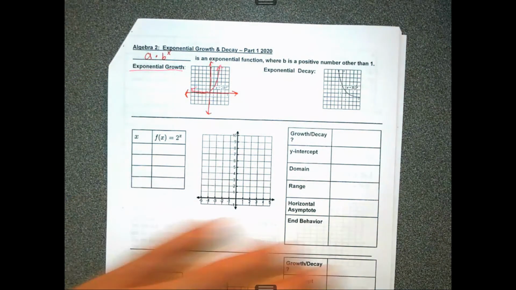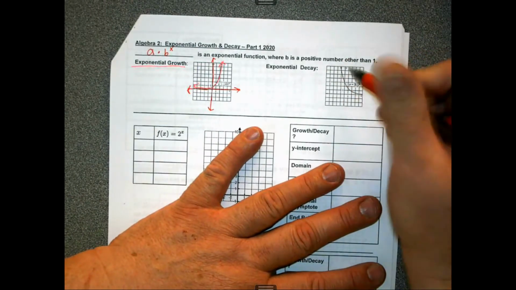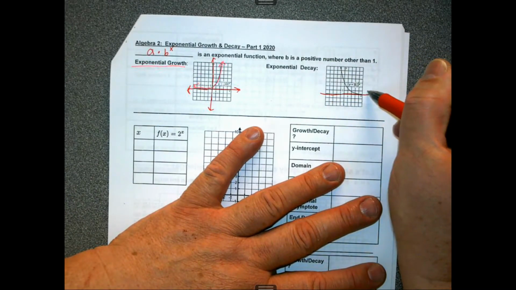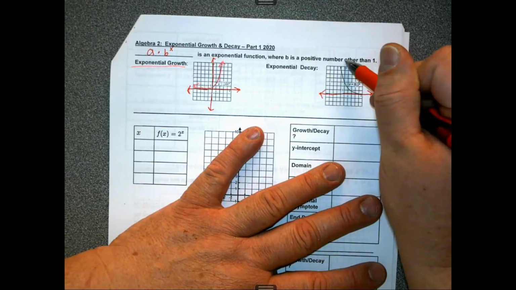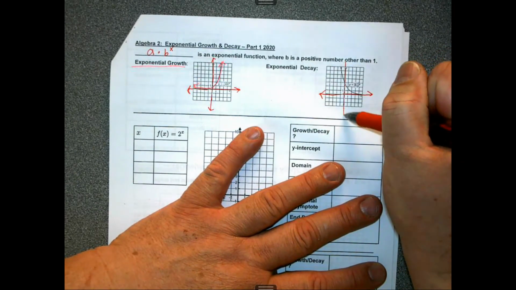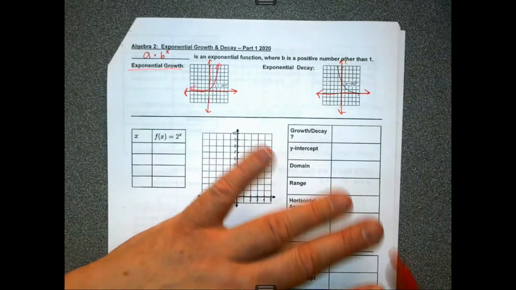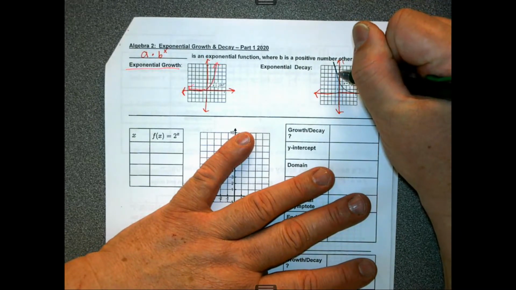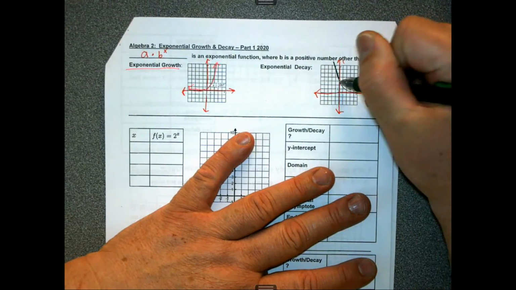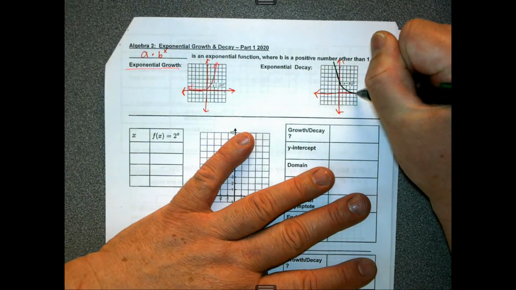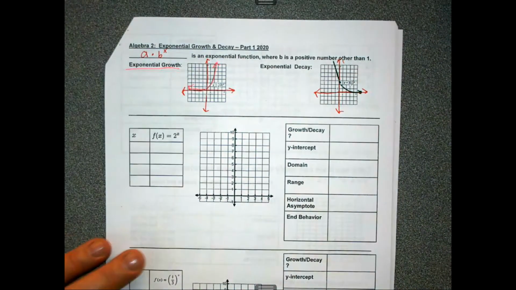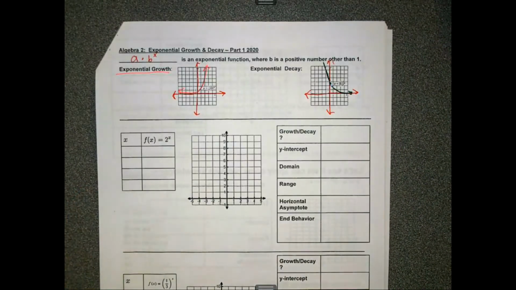And then my decay graph, decay model here. It starts, it's a decreasing graph here, and it tries to touch this line, the x-axis, but doesn't hit it. Okay, so one's growth and one's decay.